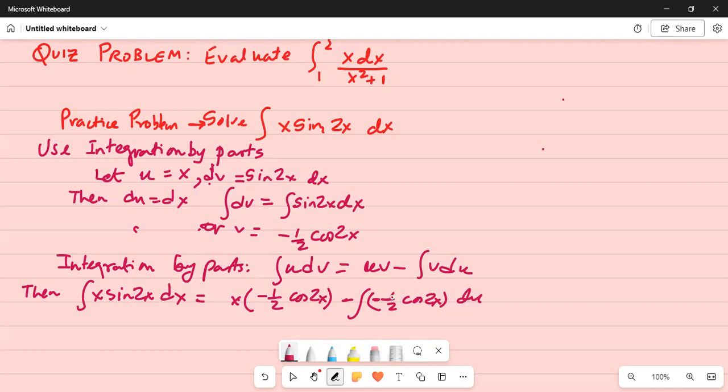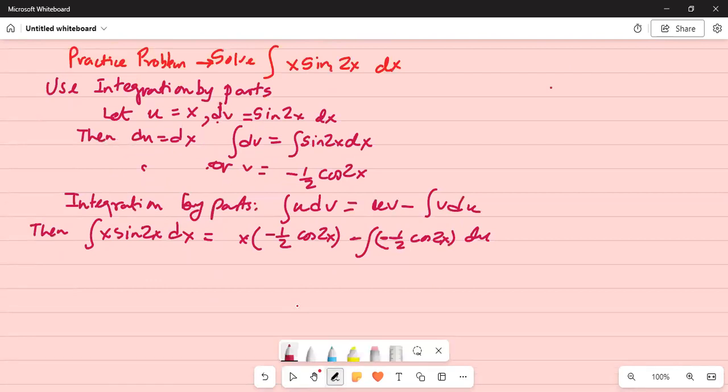Okay, so this will become equal to minus half x cosine 2x, and then plus half integration, because minus and minus becomes plus.